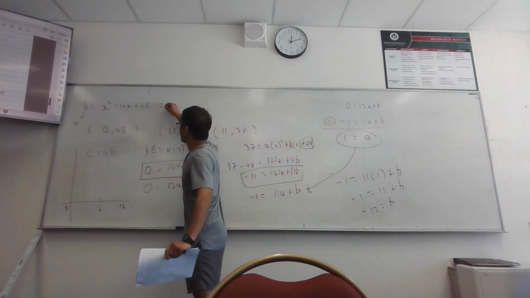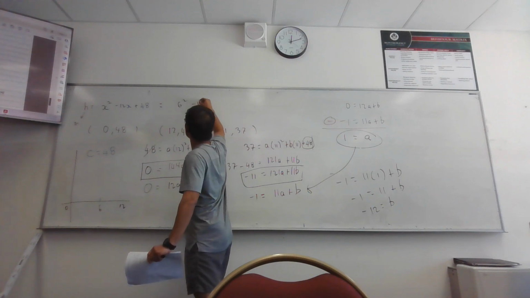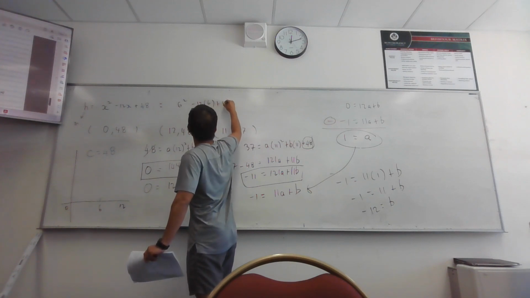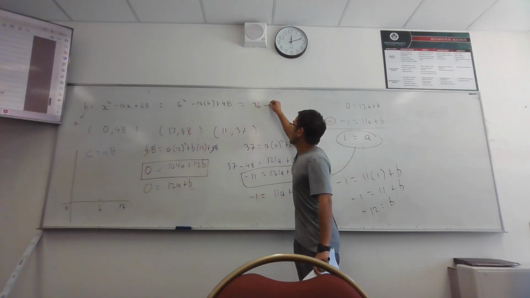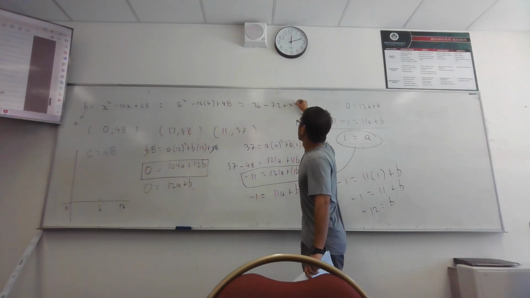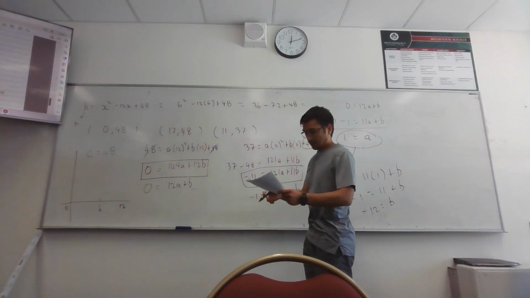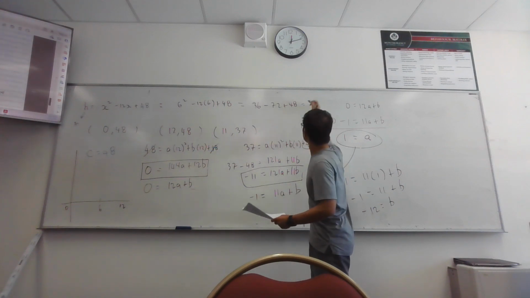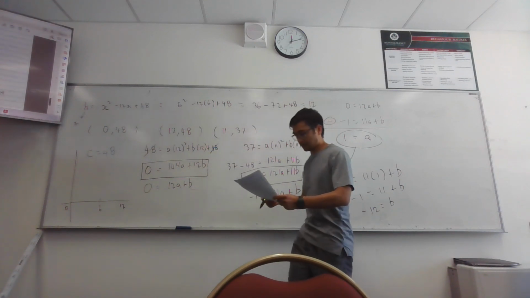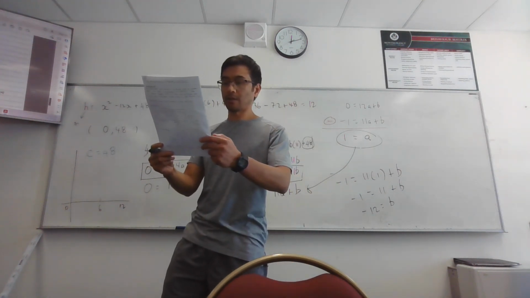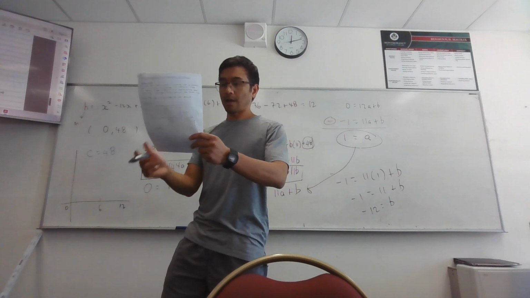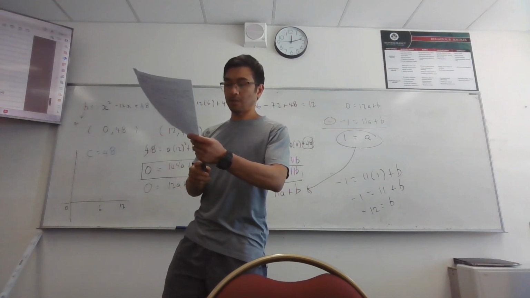Looks like it's that far. 36 take away 72 plus 48. And that's going to be 12. Okay. All right.